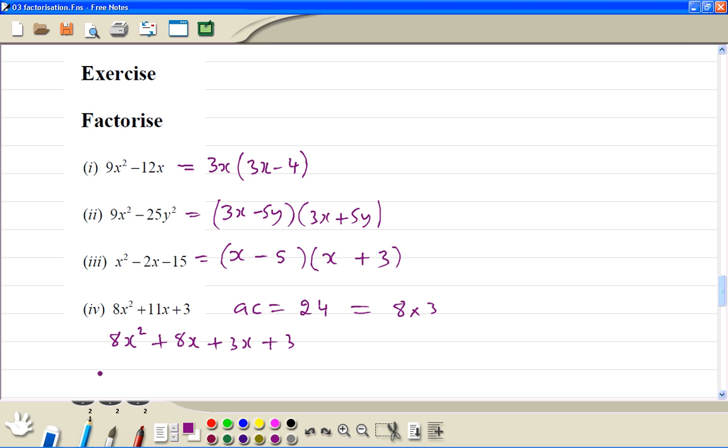So we have 8x is a common factor, so we have x plus 1. 3 is a common factor, so it's x plus 1. So this is equal to x plus 1 times 8x plus 3.